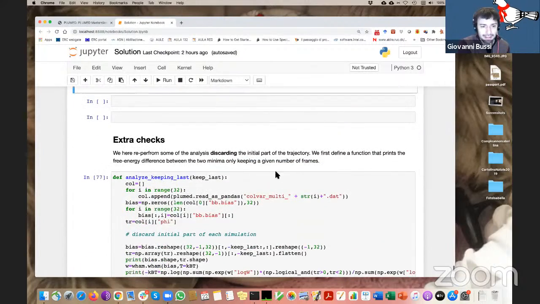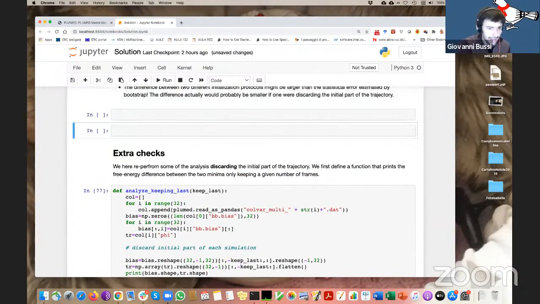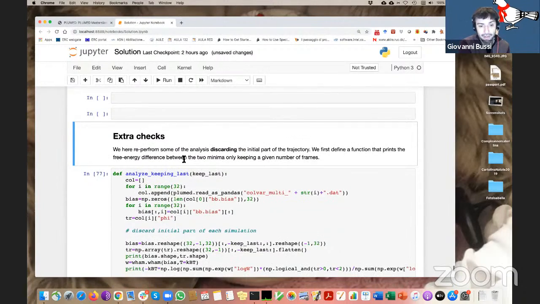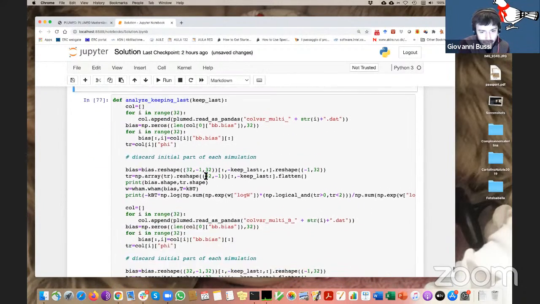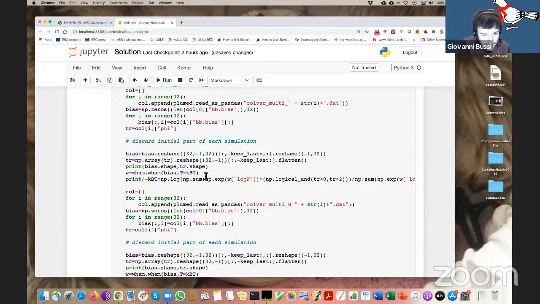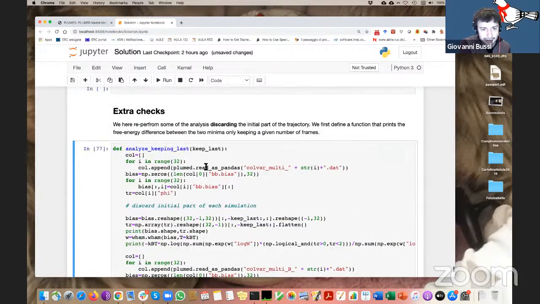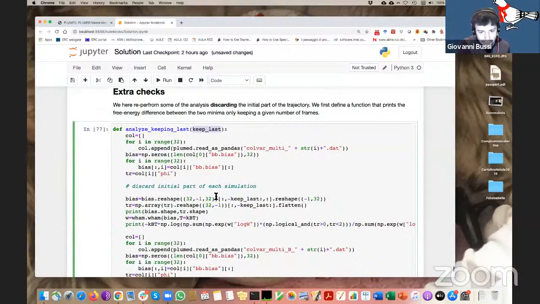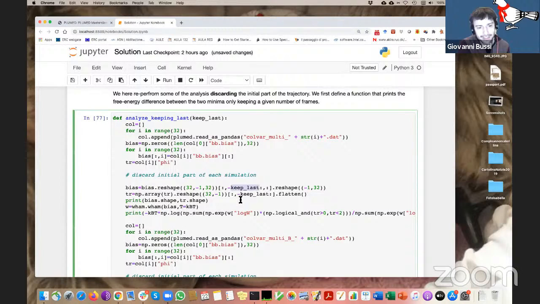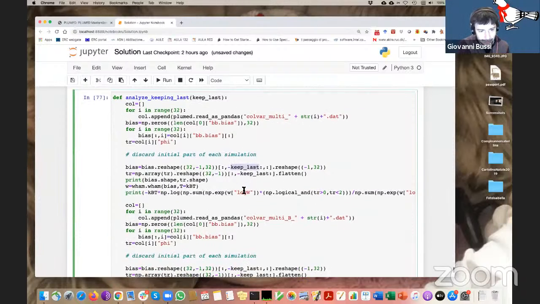Then here I also did some check discarding the initial part of the simulation. I didn't repeat the full bootstrap analysis, but you can do it. What I did here was just to make the analysis keeping an arbitrary number of frames until the end of the simulation. You have to be a bit careful when you read the trajectories not to make mistakes with indexes. But the idea is just to keep only the last frames in the trajectory.